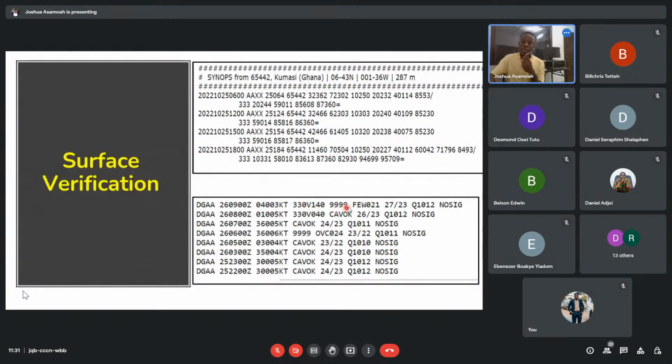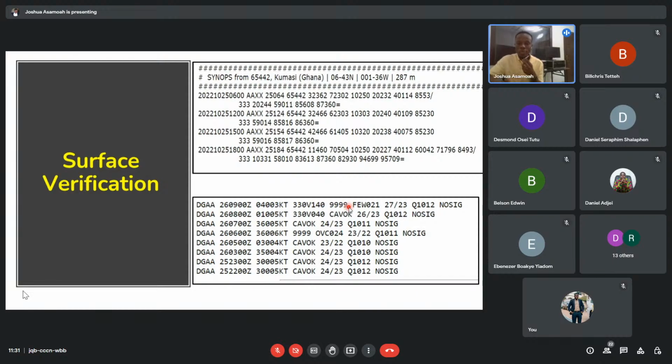And then this is a code for visibility. 9999 means visibility is 10 kilometers or more. If visibility is 5,000, we'll just write 5,000 there. If it is 7,000, we'll just write 7,000. If it is 500, we'll write 0500, because the code is supposed to be 4 figures.